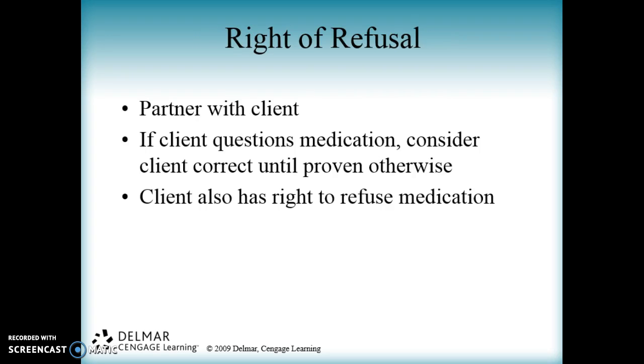Keep in mind that the patient is going to be your best source of information. For example, if a patient says something like, my medicine wasn't that color yesterday, maybe my tablet was bigger or my tablet was smaller, those are some real clear indications that there might be something wrong. That's a good way to start the process of checking to see what might have happened and if there is an error.